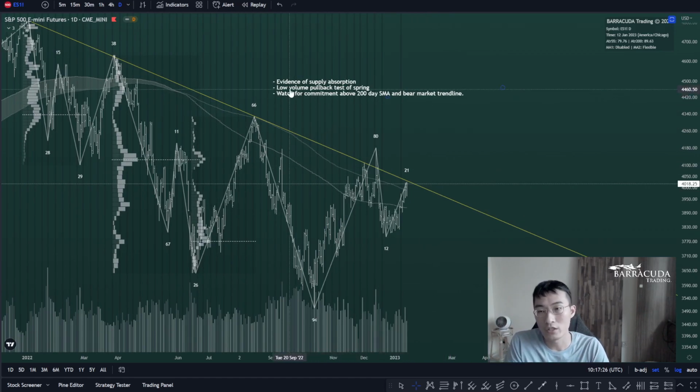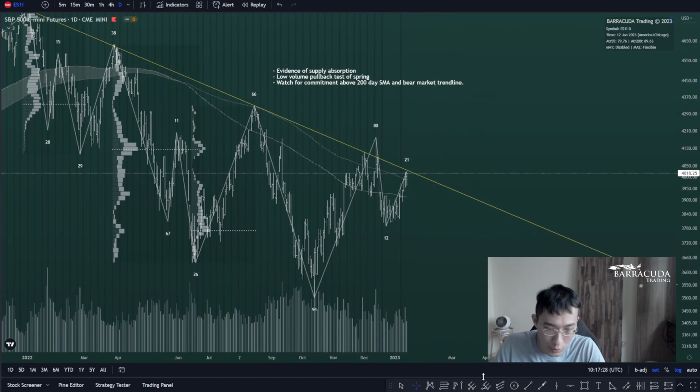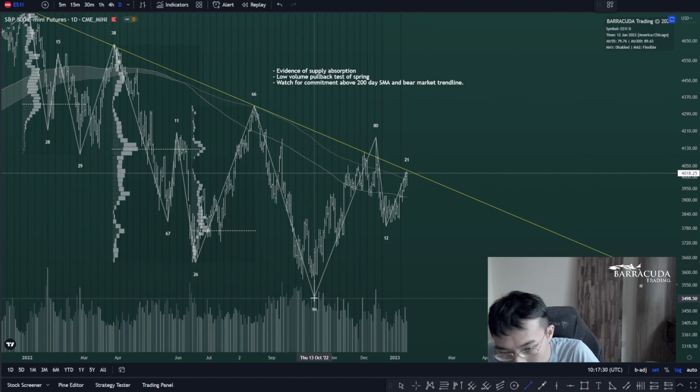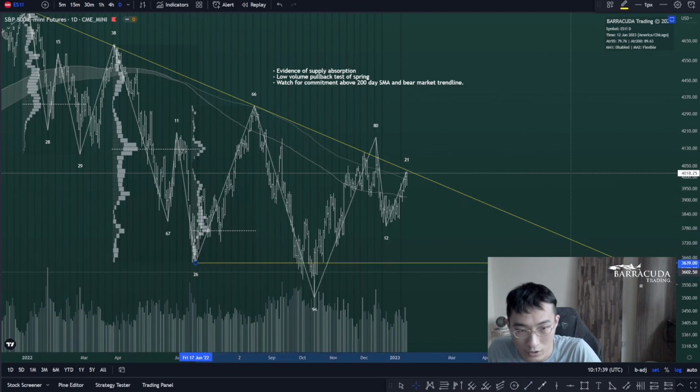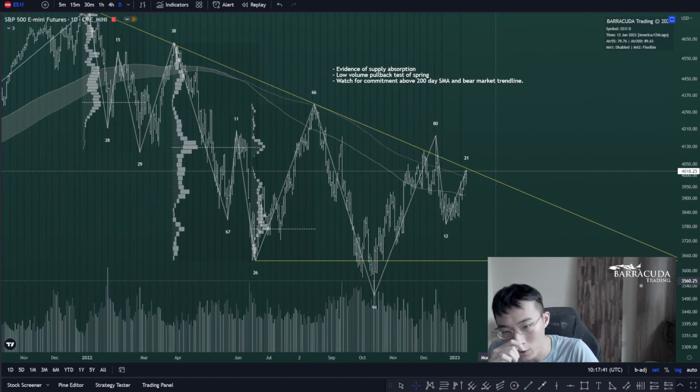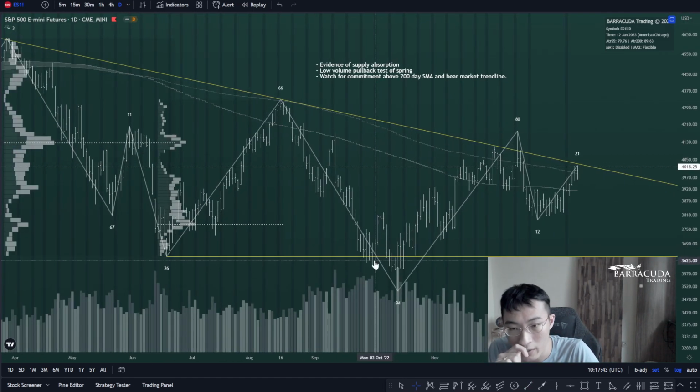And the second thing is a low volume pullback on a test of a spring. So some point around October last year, there was a potential spring that I mapped out. So this is a spring. It first tried to spring, basically destroy the bottom here, but then it went back up.